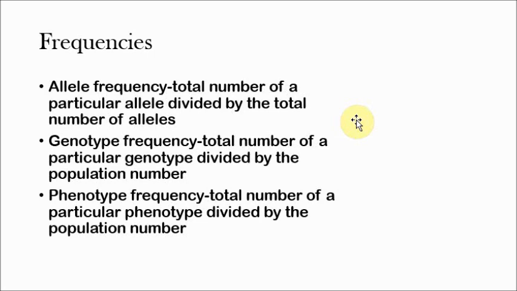And then the next thing that we're going to deal with is the genotype frequency. Now, obviously, this is the frequency of a particular genotype divided by the whole population. So now we're just going to deal with the number of organisms in the population, and note that you have to know the genotype. So there are 3 genotypes, of course: homozygous dominant, homozygous recessive, and heterozygous.